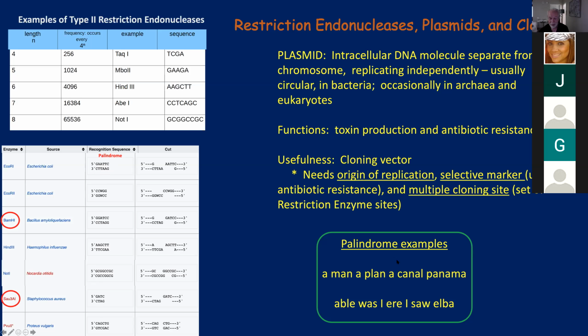To give you a better idea of what a palindrome is, look at the bottom here: a man, a plan, a canal, Panama. Now read it backward. Do you see it? How it reads exactly the same backward as it does forward.